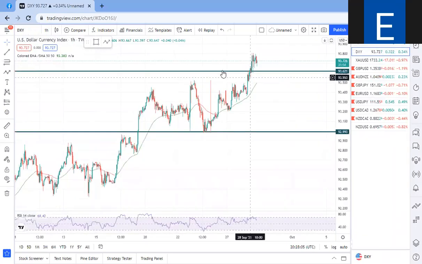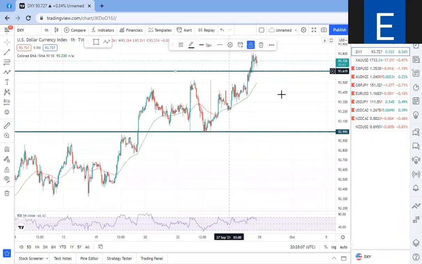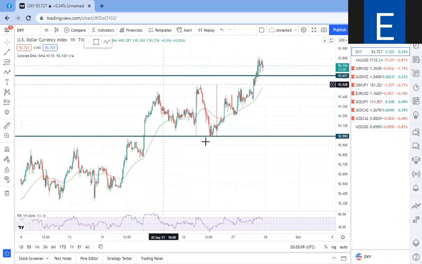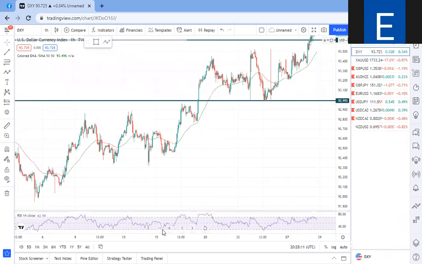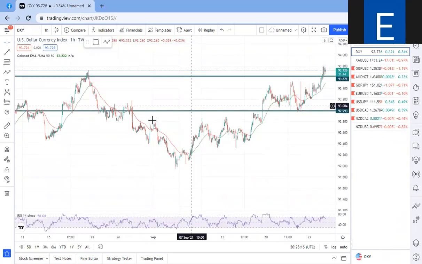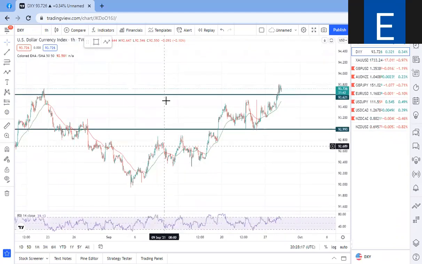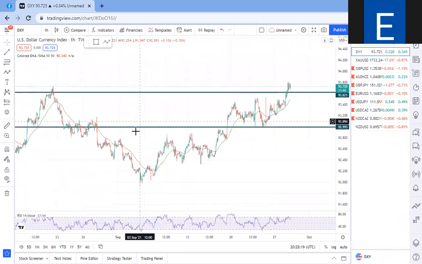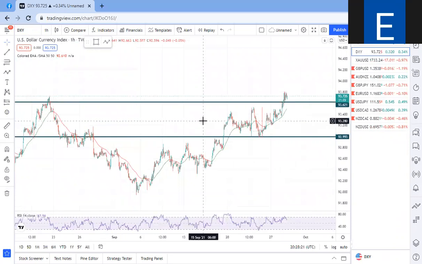I did make an example of the correlation between these pairs, this market, I mean, because this DXY is not actually a pair, it's just a market that measures the strength of the dollar to other pairs.